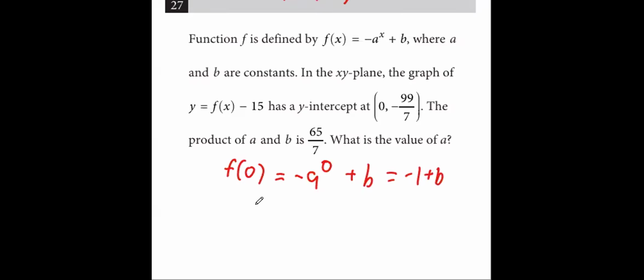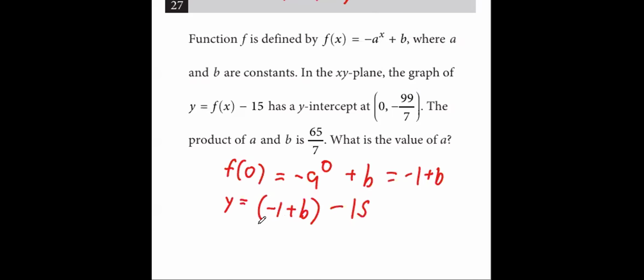And then we can plug that into this y formula. So y equals, for f of x, we plug in negative 1 plus b, and we still have the negative 15, so minus 15 from here.